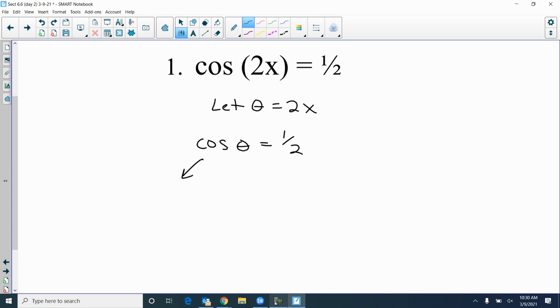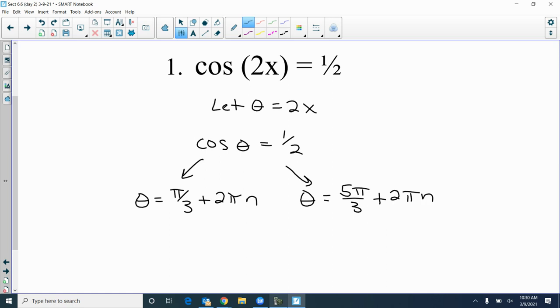Okay, so I'm going to do theta equals pi over 3. Now, since things have changed, I'm actually going to put plus 2 pi n. And then I'm going to put over here theta equals 5 pi over 3 plus 2 pi n.